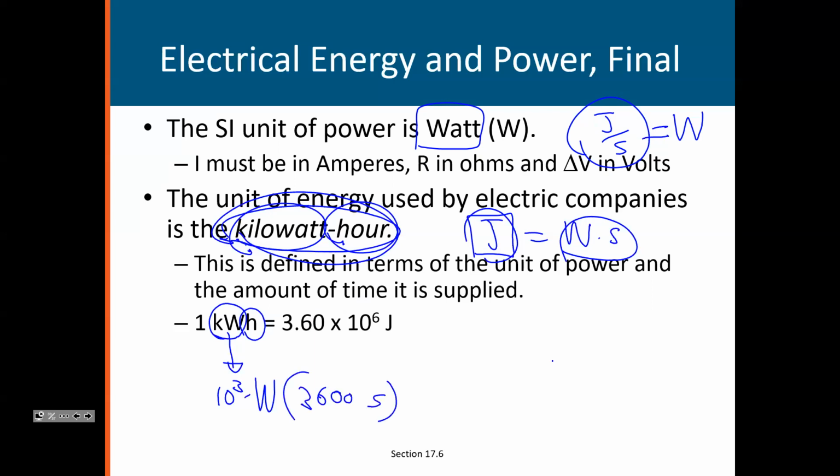So this means 1 kilowatt hour is 3.6 into 10 to the power 6 watt second. In other words, joule. Watt second is joule. So now we have the conversion for that big unit for energy. So 3.6 million joule is 1 kilowatt hour. So this is a big enough unit for the electric company.